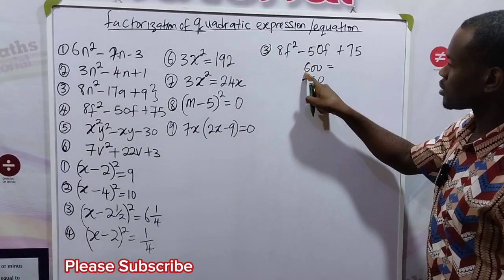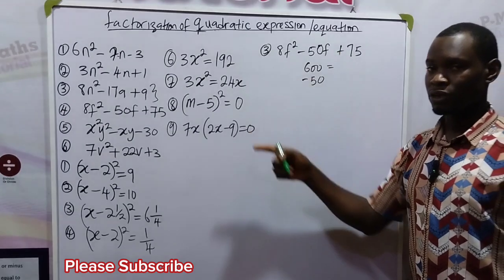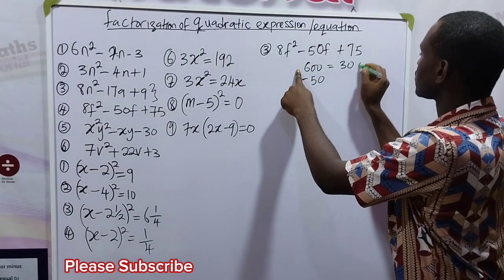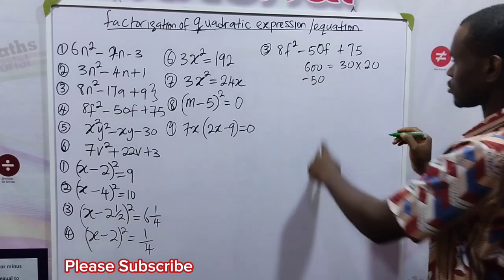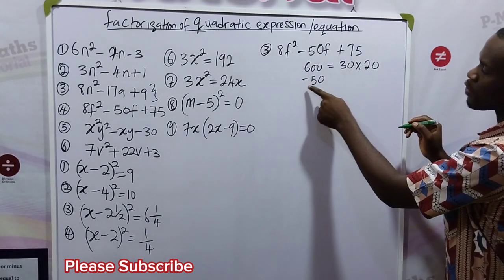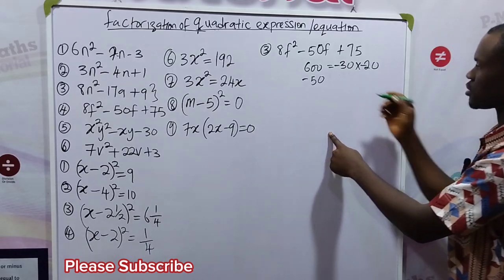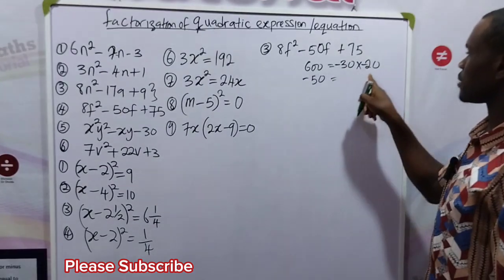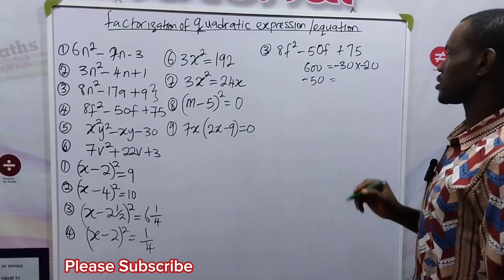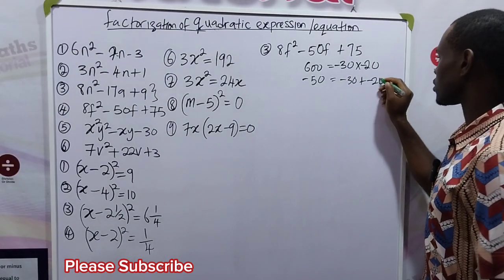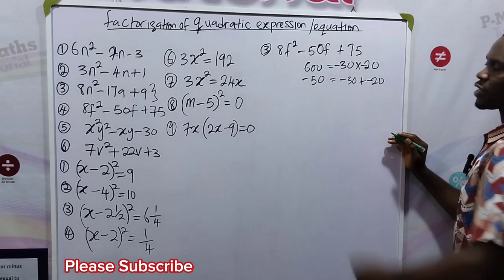You know that for 600, 2 times 3 will give you 6. So if I say 30 times 20, I will have 600. But because we are looking for negative 50, they have to be negative 30, negative 20. All right? Negative 30 times negative 20 will give you 600. And then for this one, negative 30 plus negative 20, that will give you negative 50.